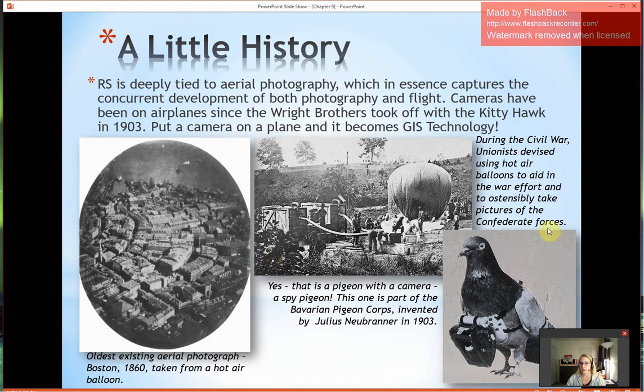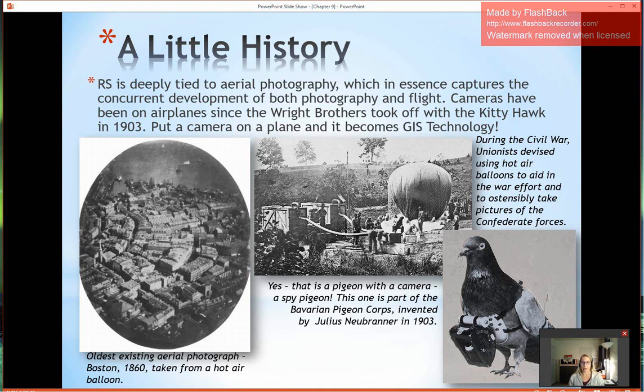And I just discovered this delightful one recently, the Bavarian Pigeon Corps. There was a very clever man who came up with the idea of putting little tiny cameras on pigeons. Pigeons were already being used as carrier pigeons carrying messages, so he decided to take it a step further. It was used during World War One, to some good effect.